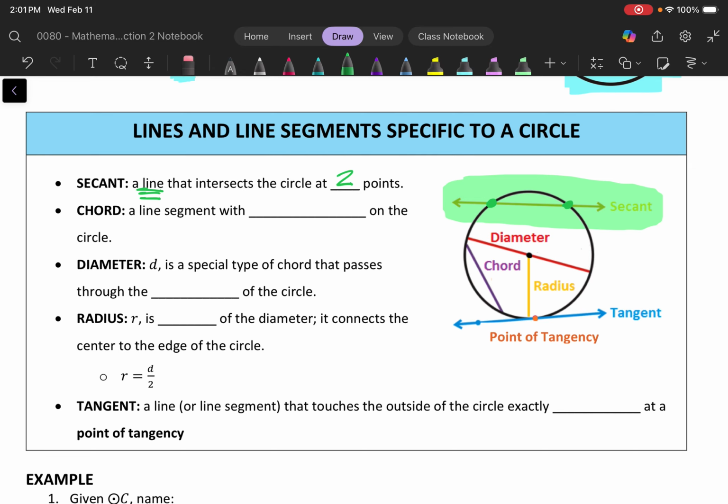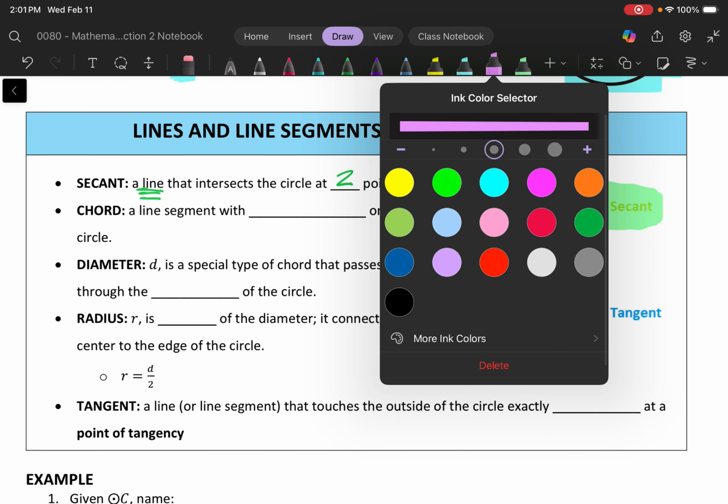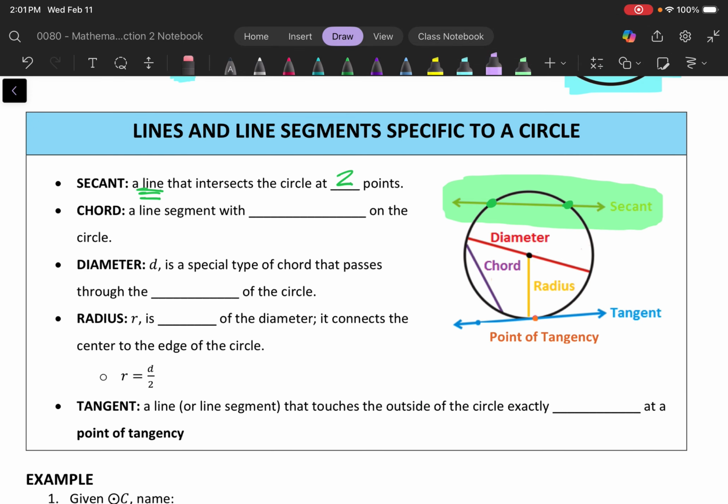Okay, next we have a chord. And for a chord, I have this purple thing over here. What I'm noticing about the picture of that chord is it's a line segment, right? There's not arrowheads on both sides. There's distinct endpoints. It doesn't continue on.